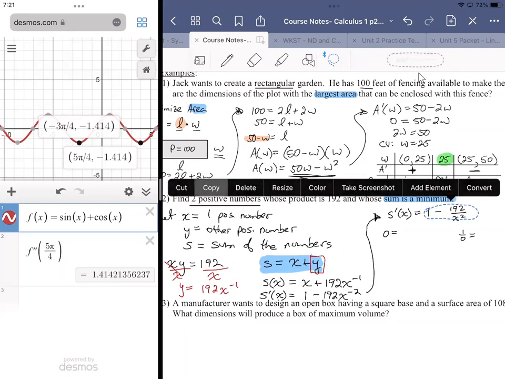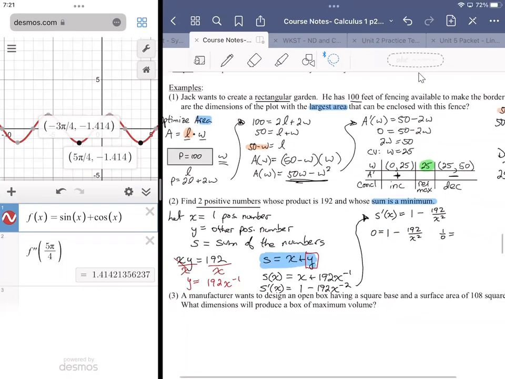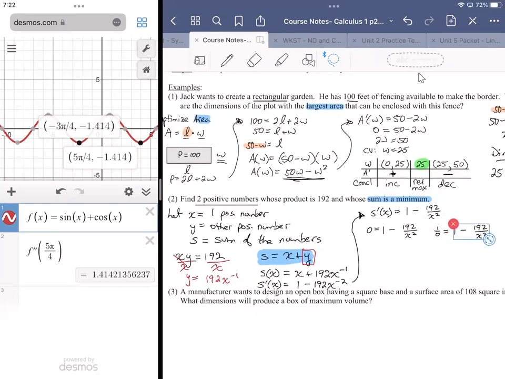Now you can see, hopefully, that procedurally there's not much difference between this question and the previous one. We have a different function that we needed to differentiate. We came about that function in a completely different way, but we're still going to take the derivative. We're still going to find critical values. We're still going to make a sign chart to determine the nature of those critical values, and then we're going to draw a conclusion based off it.